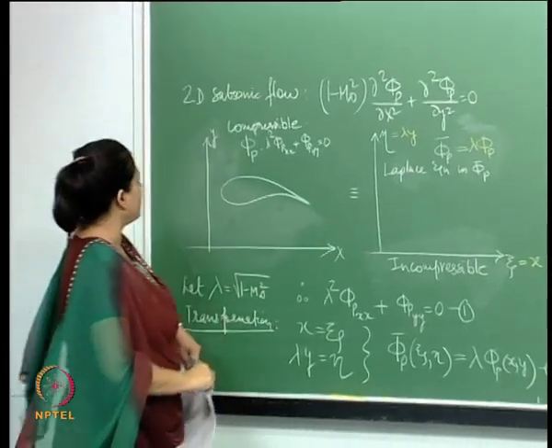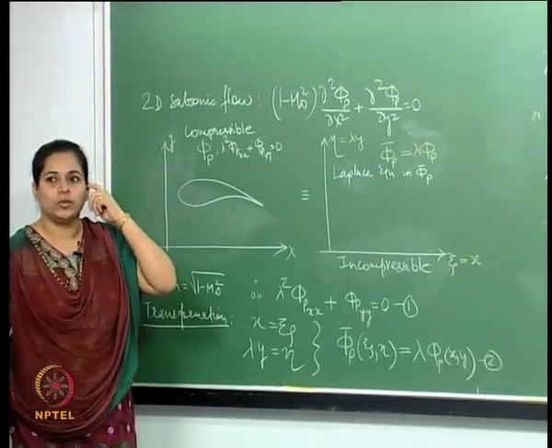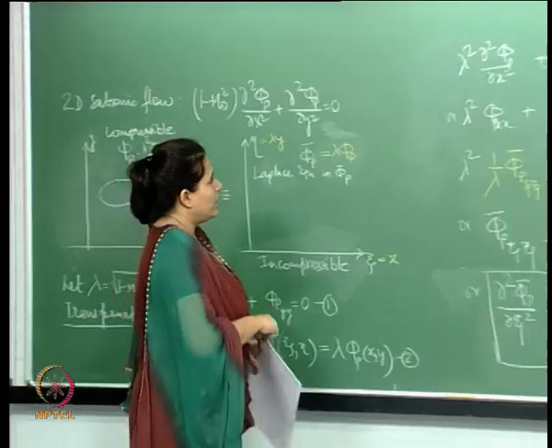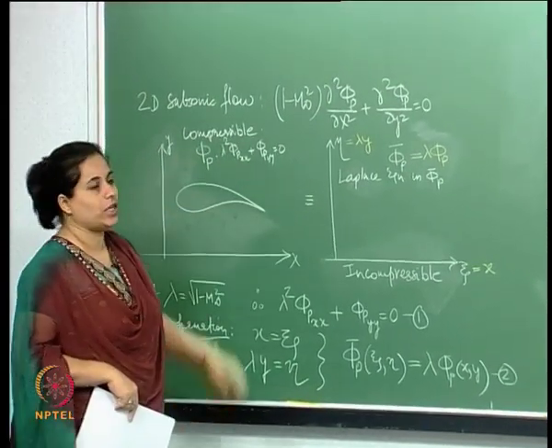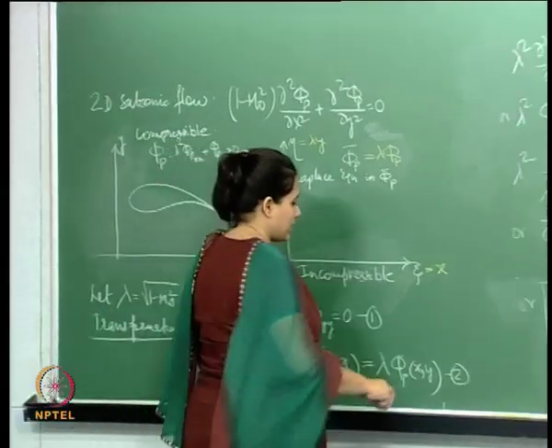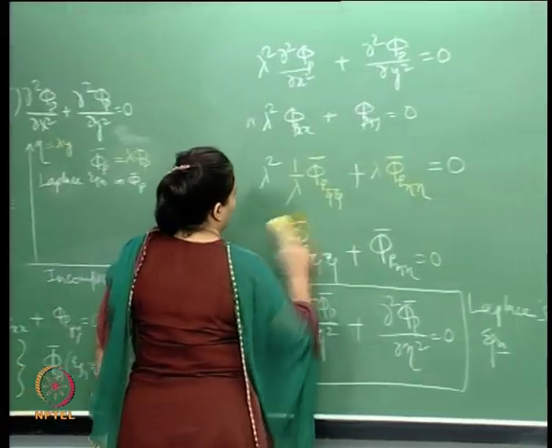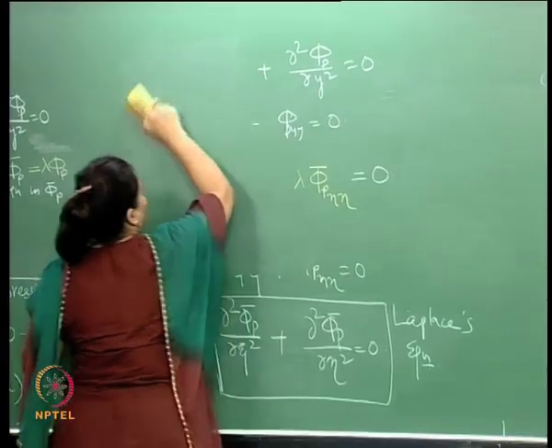When I transform it here, it becomes incompressible. Now what we need to look at is, how does this shape change? So let us look at that. In order to look at that, let's go ahead and look at a few things.